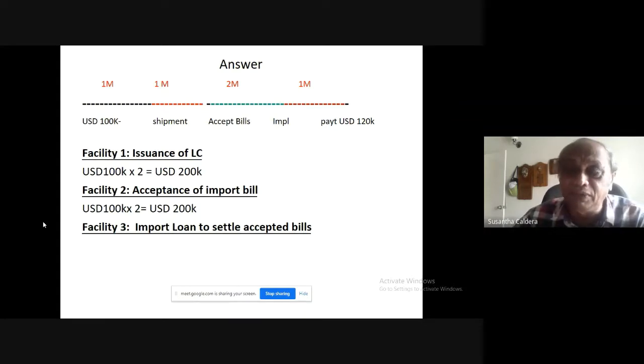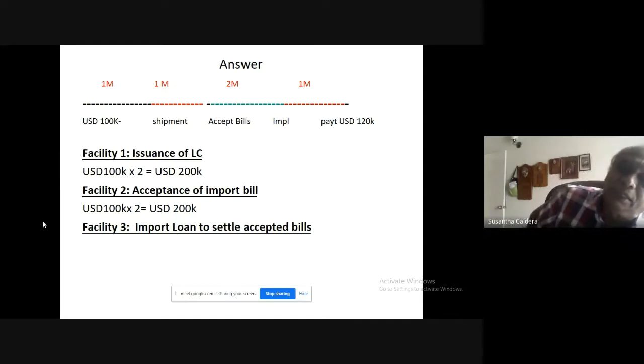When we give the import loan, we will debit import loan and credit acceptance liability, and pay the money.